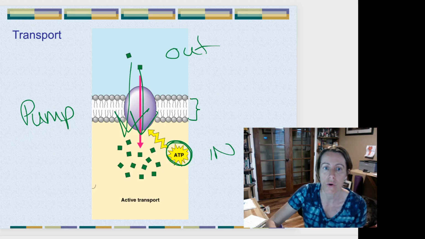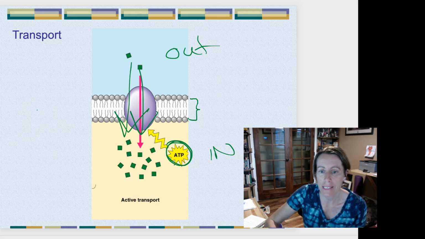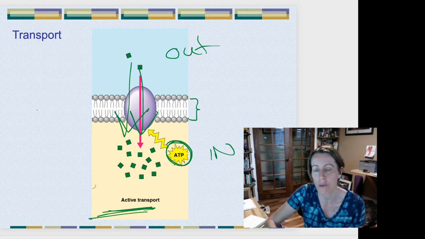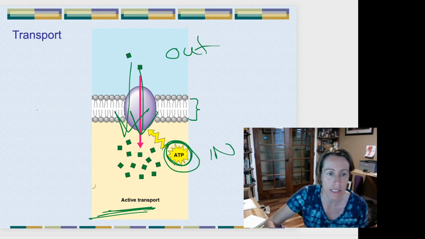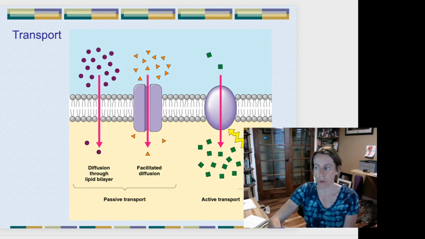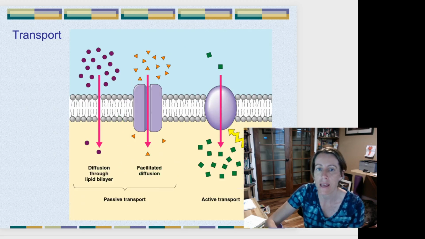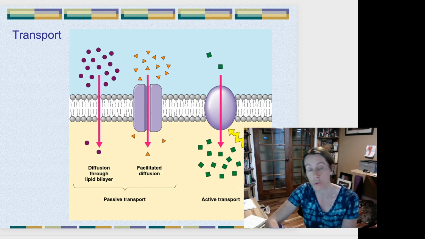And this is called active transport, and it's active because you're using energy or effort to get it done. It's not going to happen on its own. So to summarize all these slides, here you can see them all at once. So we have the diffusion without a helper and the diffusion with a helper.